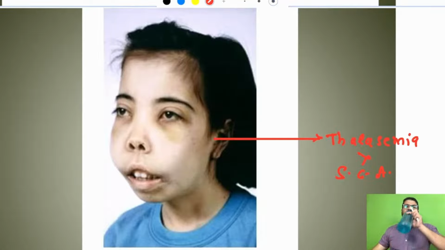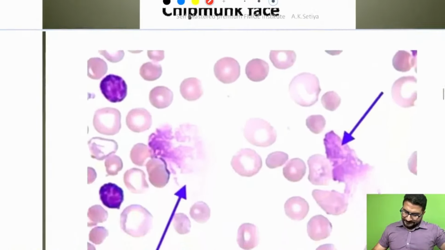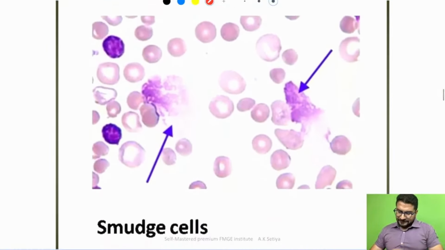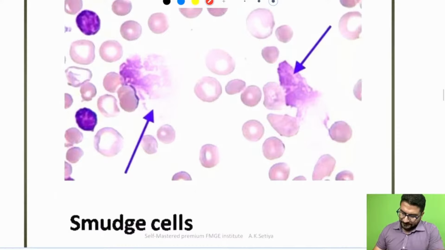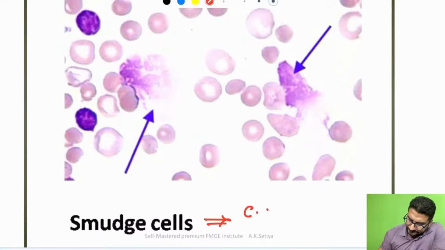Then moving to next, this is smudge cells. So you can notice the smudge cells. These are the classical feature of chronic lymphocytic leukemia, CLL.